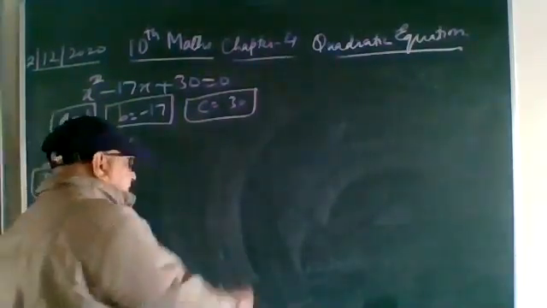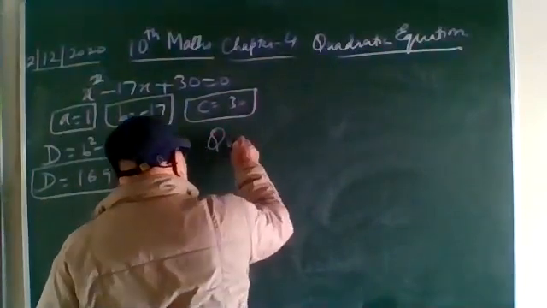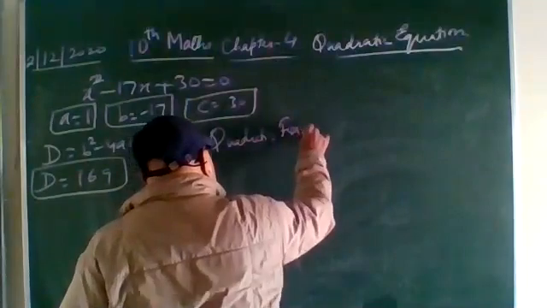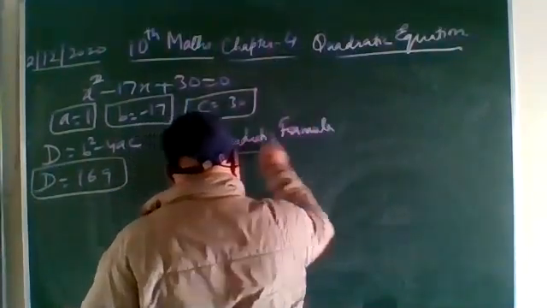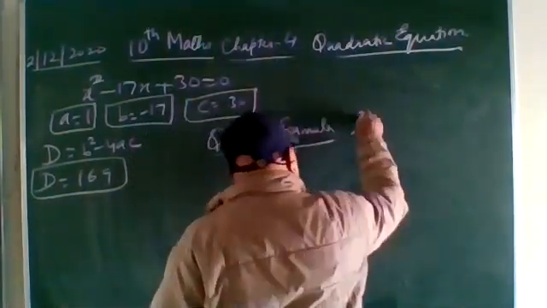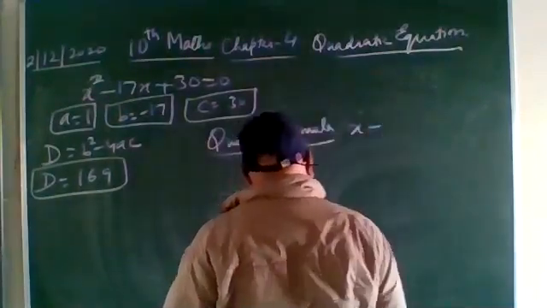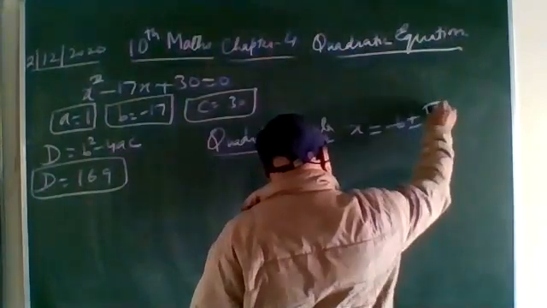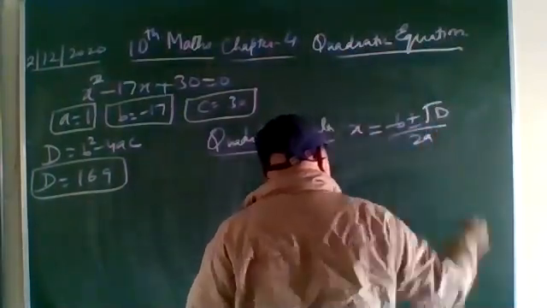You can write the quadratic formula: x equal to minus b plus minus root of D upon 2a.